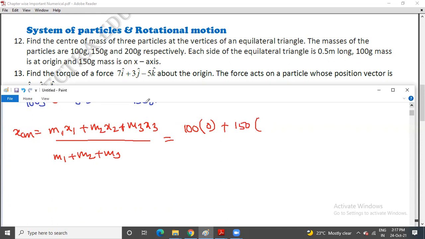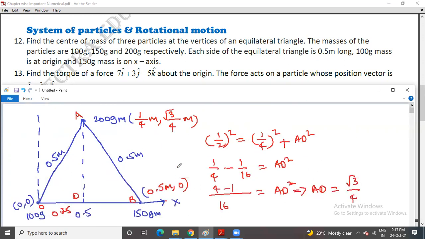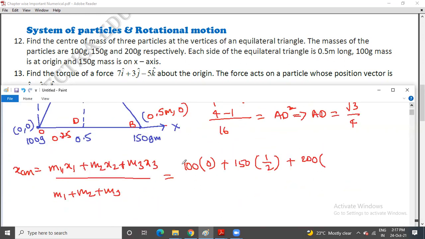It is mentioned as 0.5, but you write it as 1/2 for easy calculation. And M3 is 200 grams. Its x coordinate is 1/4. Now divided by: M1 is 100, M2 is 150, and M3 is 200.